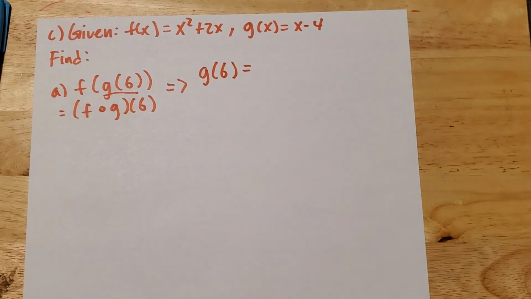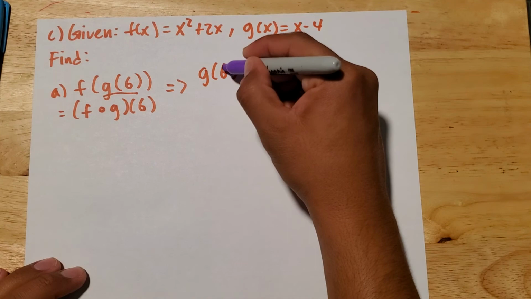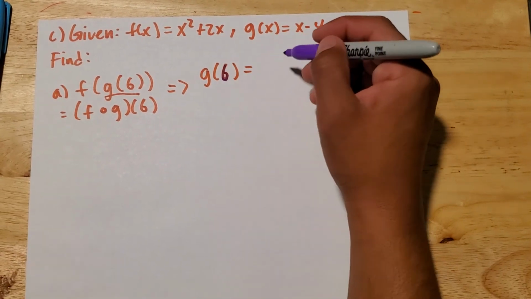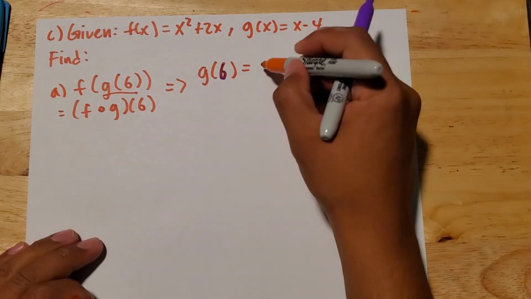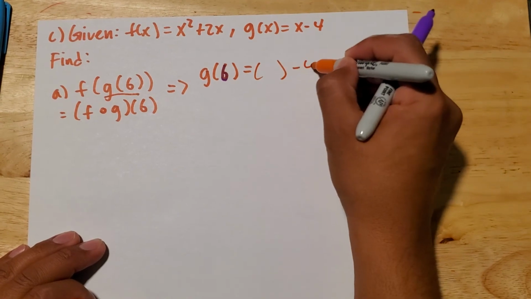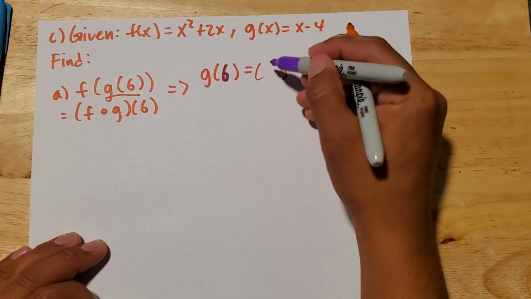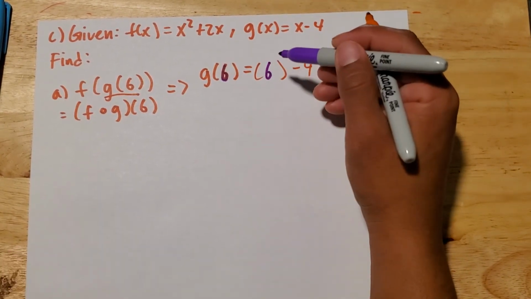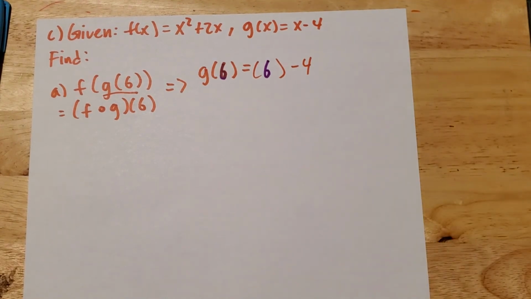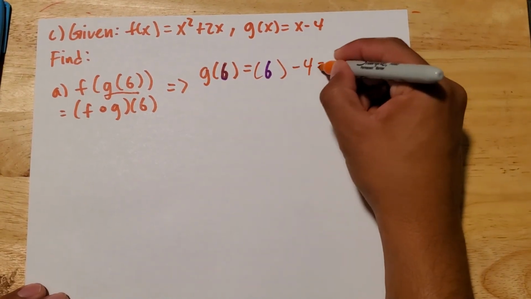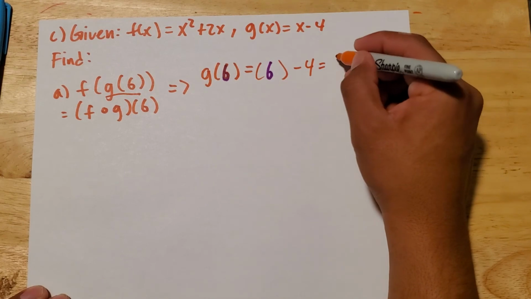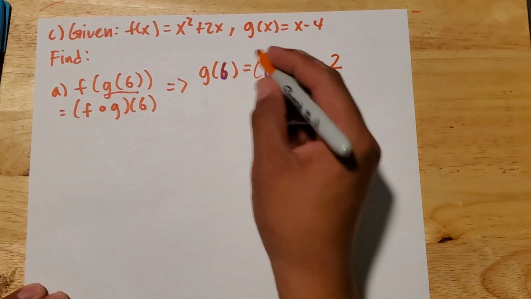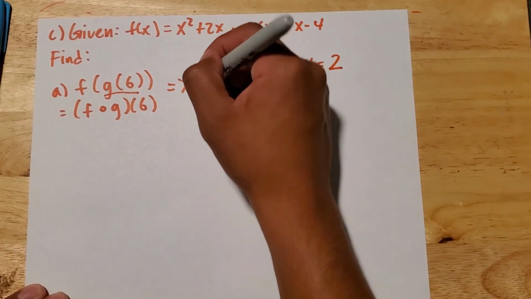So that means everywhere you see an x for g of x, you're going to replace it with a 6. So right here, I'm going to put parentheses around my x, and then subtract 4. Because everywhere I see an x, I'm replacing it with a 6. This leaves me with 6 minus 4 is 2. So this is just a side note.